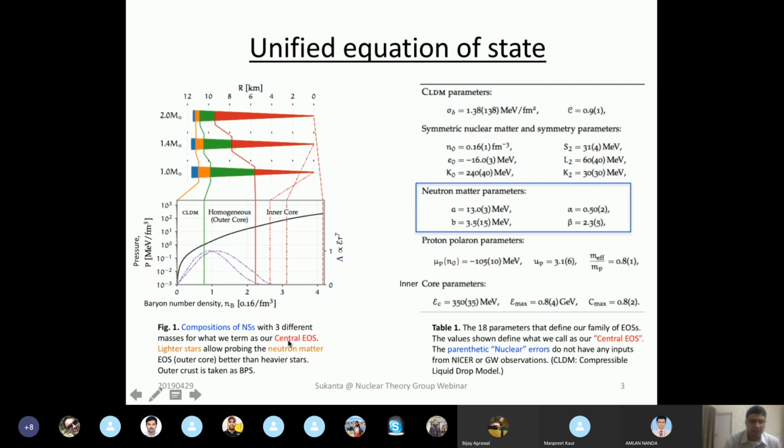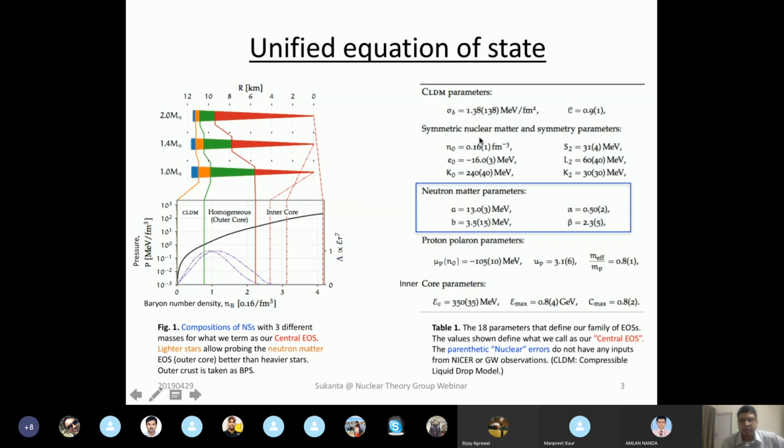And the values taken by the 18 parameters for the central equation of state are given in table 1 on the right of the slide. Again, I'm going to describe some of these parameters in more detail in the coming slides. So this is just a synopsis. But basically, for the compressible liquid drop model, you have parameters such as the surface tension parameter, but also the Coulomb screening parameter.